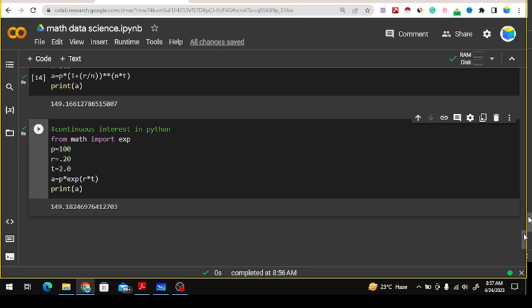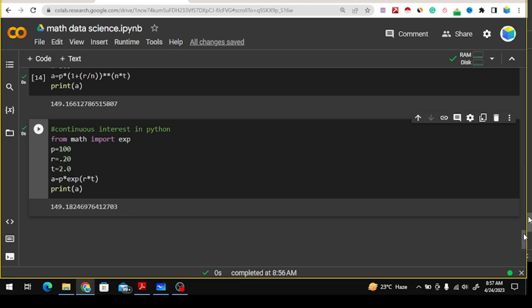That's this one. So we derive this constant, and it's continuous. Let's see here the continuous interest formula. I think it's clear and we can easily understand how we get it, and it converges approximately to the value e equals 2.71.